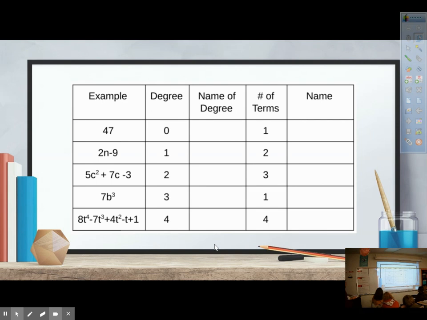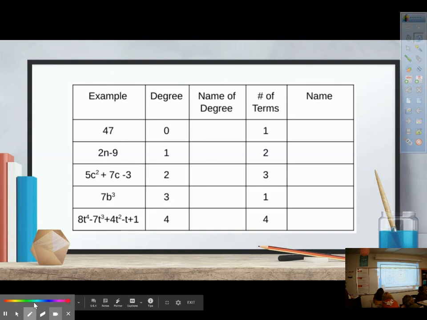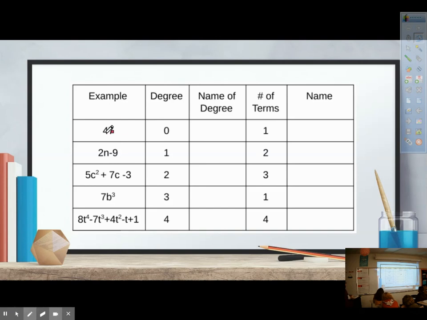All right, so you'll see that you have a table, and polynomials have two different names. One name is based on the degree of the polynomial, and the other name is based on the number of terms a polynomial has. So this first polynomial is just the number 47. Notice it does not have a variable.